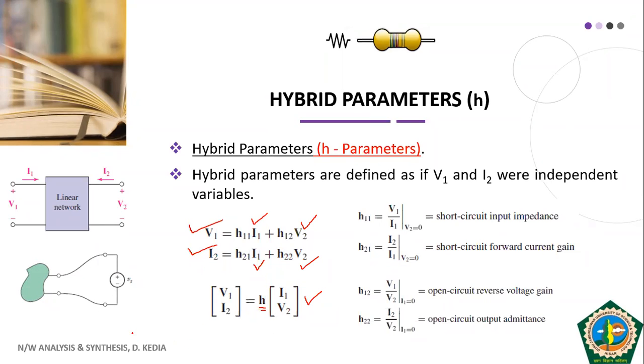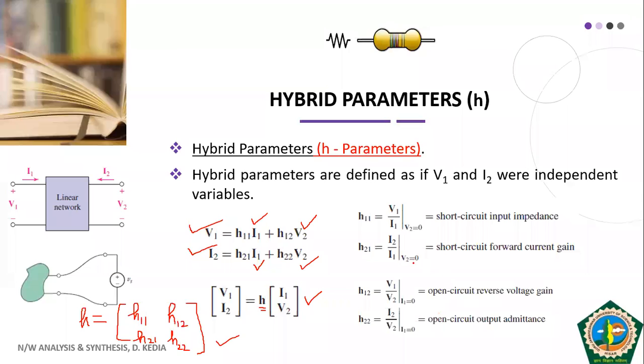H is a 2 by 2 matrix, where H is equal to H11, H12, then H21 and H22. This is the way we represent your H matrix. You have already understood this in the previous classes also.